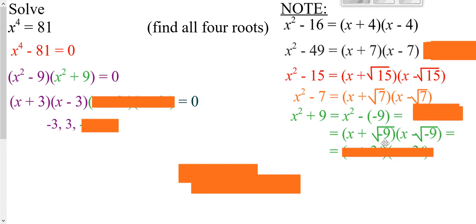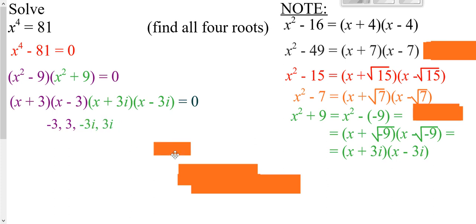Well, the square root of negative 9 is a 3i. So x squared plus 9 really does factor into this. So that's what we're doing here. Our x squared plus 9 goes into that. We now have two things multiplied together here. Set each one equal to 0 because the whole thing's equal to 0. We get negative 3i and we get 3i.